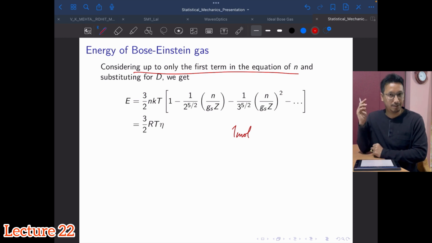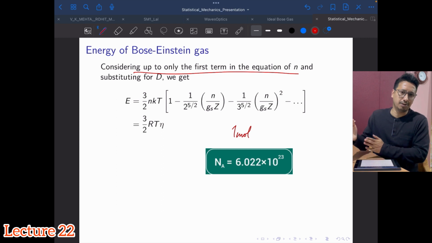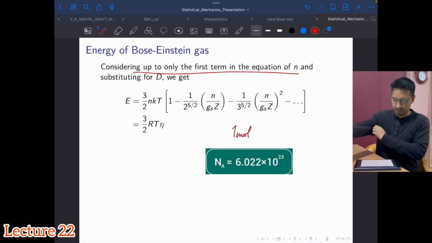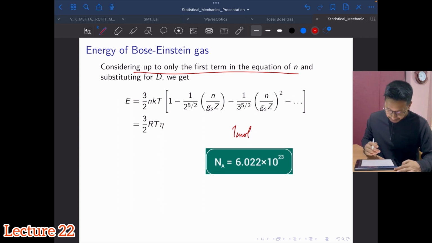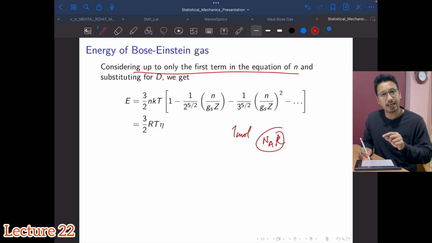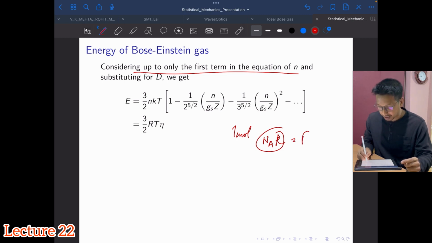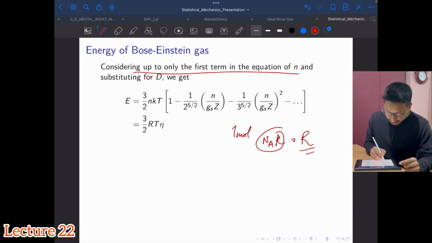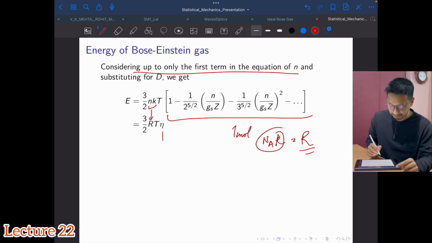Avogadro's number, 6.02 into 10 to the power 23 particles. Then Na, the Avogadro number, multiplied by k, the Boltzmann constant, gives the universal gas constant R. So for 1 mole of gas, I will get this term equal to RT as it is, and this entire infinite series expression I write simply as eta.